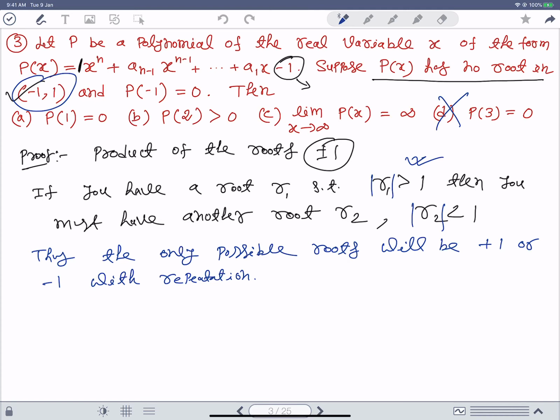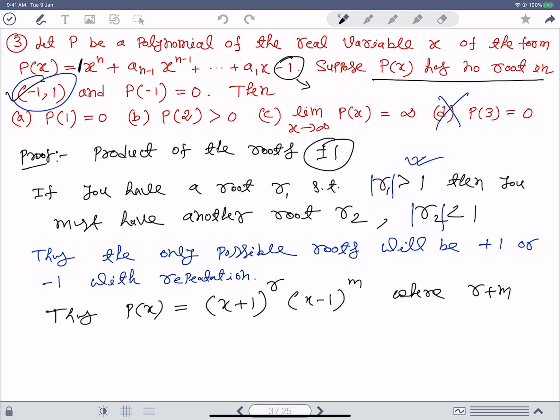So therefore p(x) will be of the form (x plus 1) to the power r and (x minus 1) to the power m, where r plus m equals n.